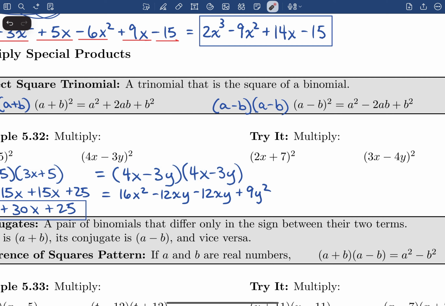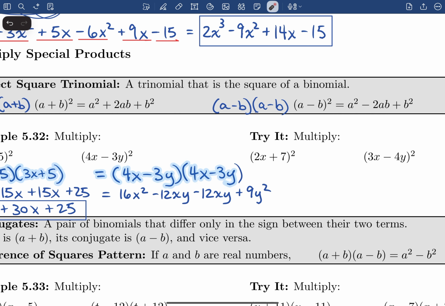And then the outer and inner terms are the same, so that's two of them. Okay? And now I take the b value, negative 3y, and I multiply it by itself, and I get positive 9y squared. So that's just following this pattern.